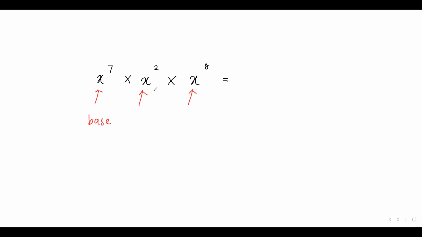When it comes to index laws, always your bases need to be the same. Whenever it's a multiplication, we have to add the powers. What is 7 plus 2 plus 8? 17. X to the power 17.